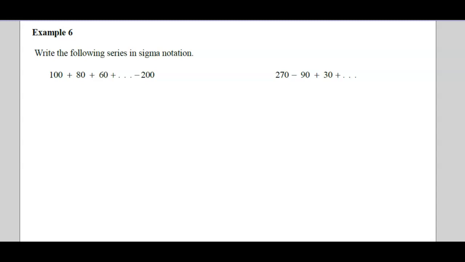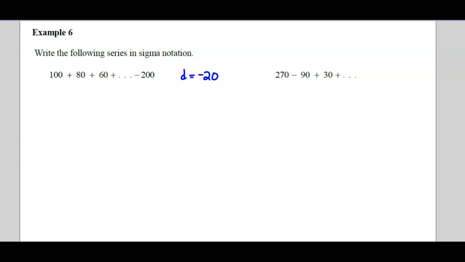Okay, so what you want to look at, first of all, is decide what kind of series it is. So here, the actual terms, notice that they're decreasing by 20. So this is an arithmetic, so it has common difference of negative 20. Don't just check the first, because maybe then it's a geometric, but then check the next 2 consecutive terms to make sure it's the same.